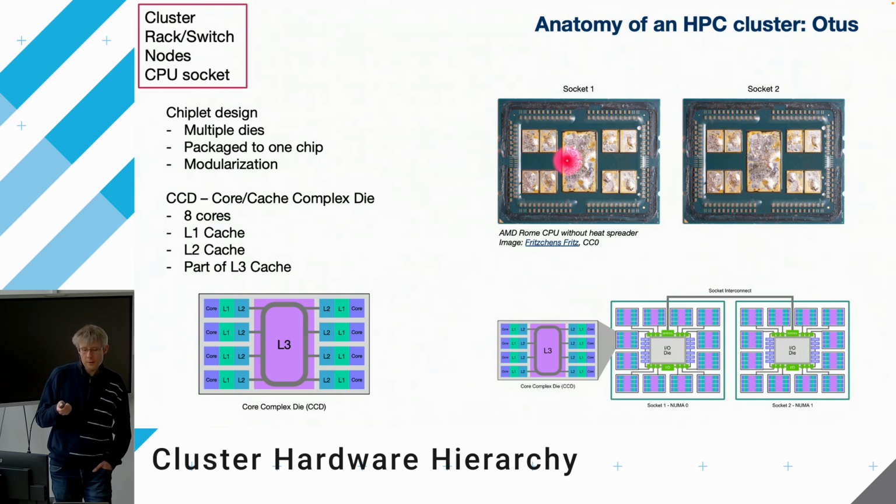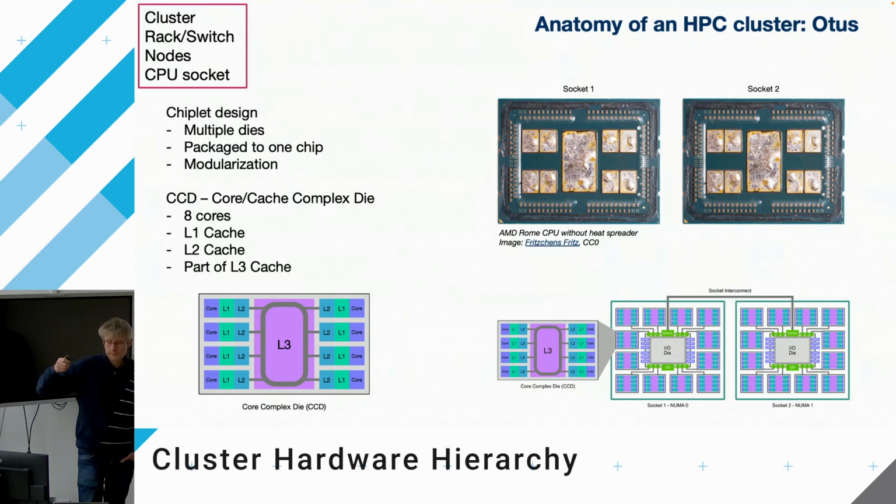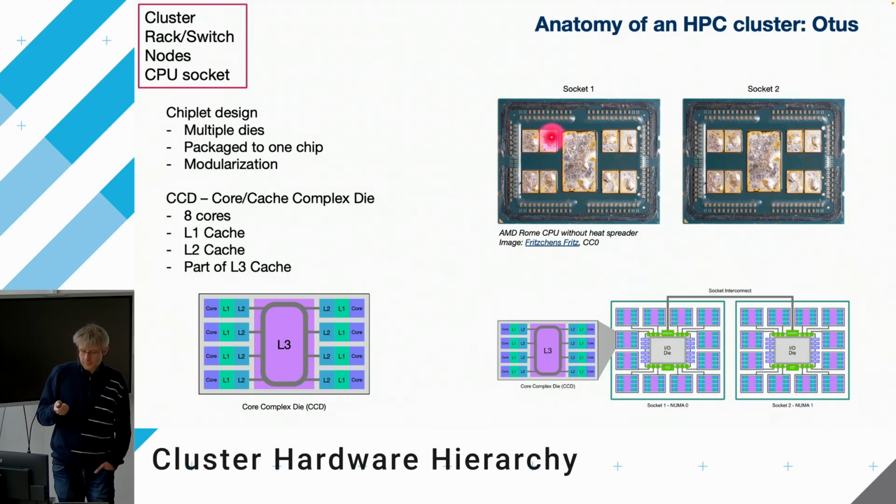In the middle we have the I/O die. This I/O die is connected to the memory, to the other socket, and to the peripherals, for example the networking card, and the memory interfaces are also on the I/O die itself. And we have these smaller dies, the core dies. They hold the actual CPU cores that do the calculation and also the cache of the CPU.